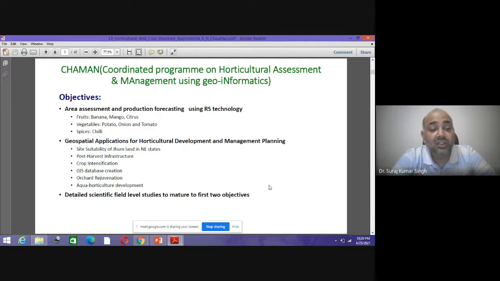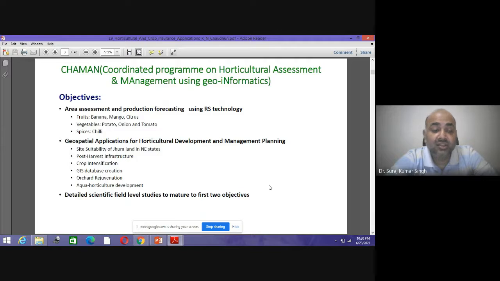Various kinds of fruit assessment, like banana, mango, citrus, and vegetables like potato, onion, tomato, and spices like chili, are very important in order to have price control, in order to see the stock, in order to identify the stock, and for cold storage, in order to have better network analysis for better transportation.